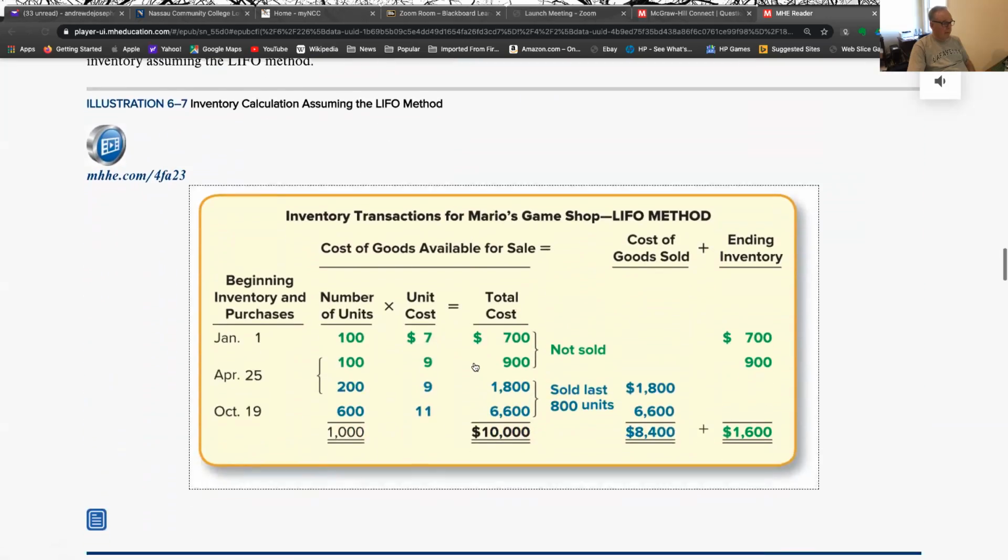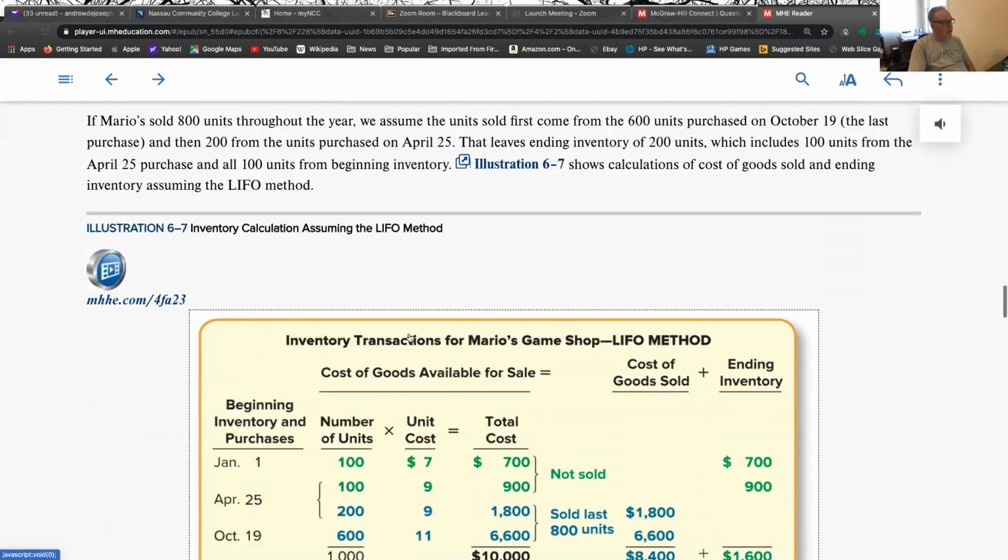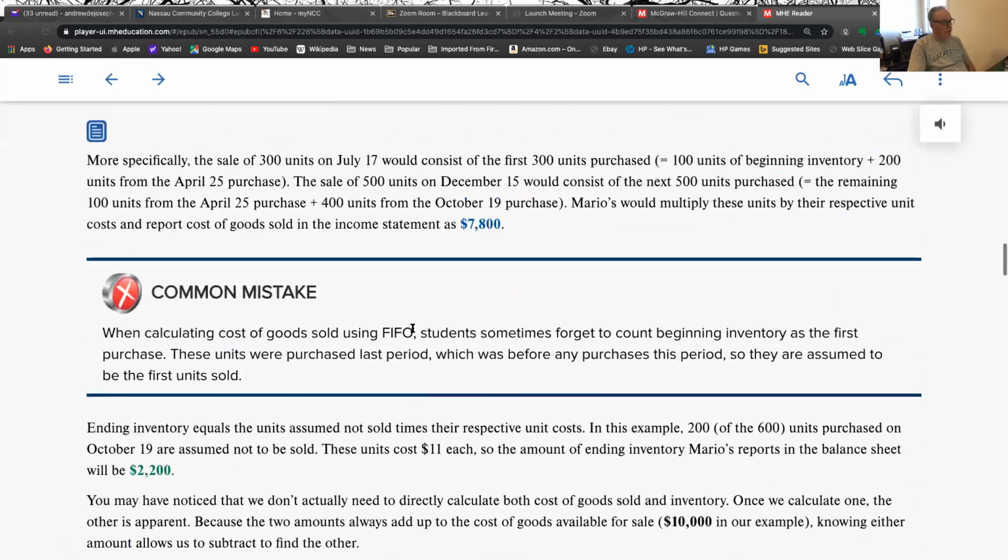Last in, first out. Last in, first out says, I sold the new stuff first. I always have the old stuff, the oldest stuff. Now, again, go back to your beginning point, right?